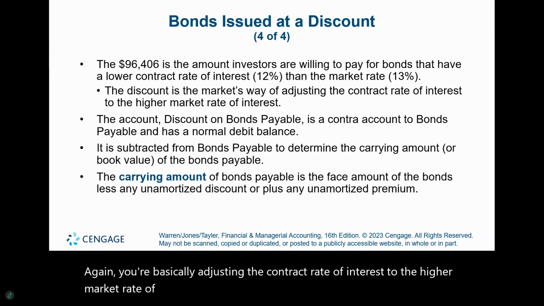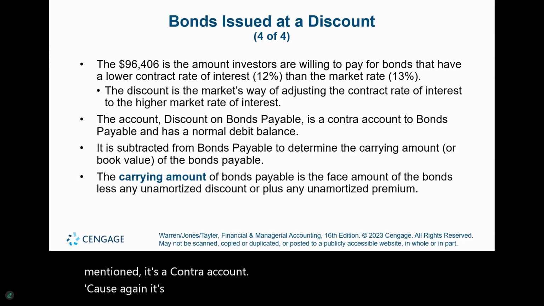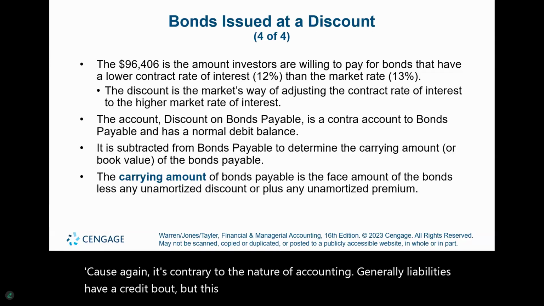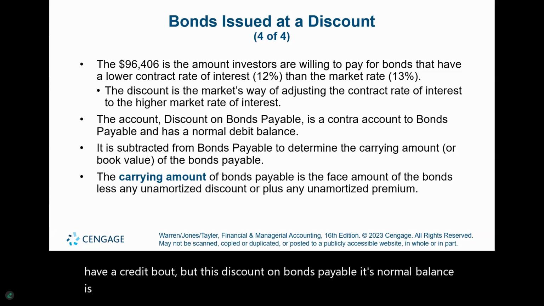The account discount on bonds payable, as mentioned, is a contra account because, again, it's contrary to the nature of accounting. Generally, liabilities have a credit balance, but this discount on bonds payable, its normal balance is contrary to the normal rule. It is a debit balance.